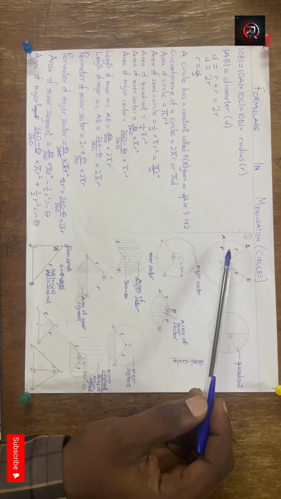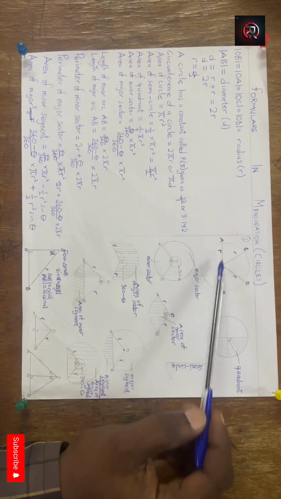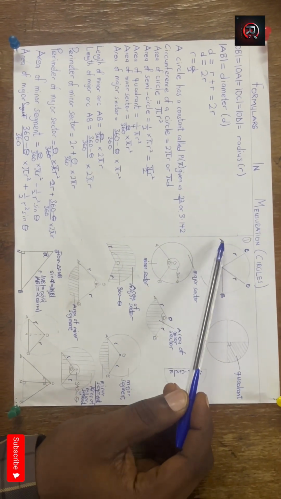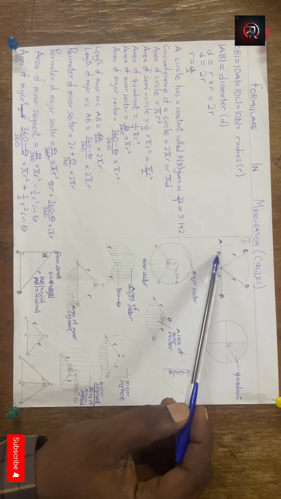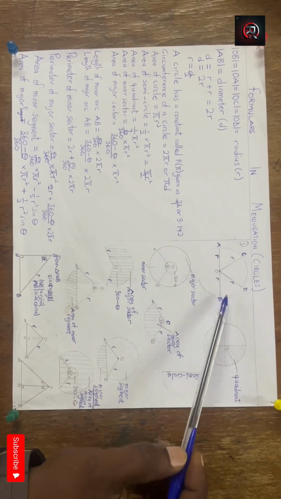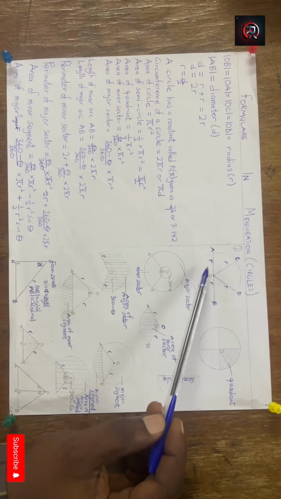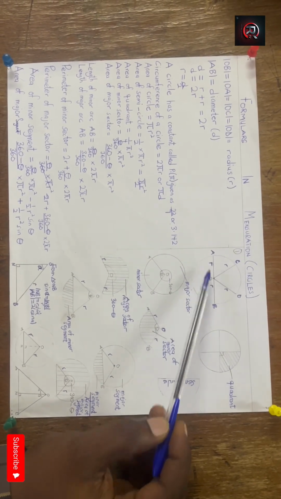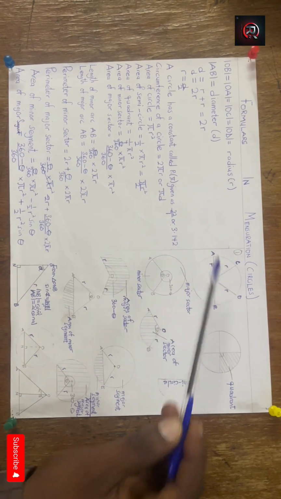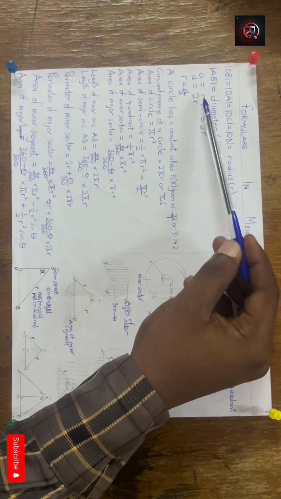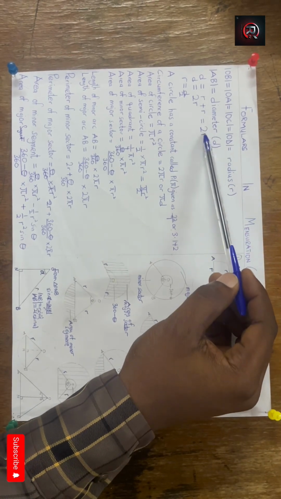All right, there is a relationship between the diameter of a circle and the radius. As we can see, from A to O is r, O to B is r, and this is a straight line. So we can say r plus r should be equal to AB. So we can say our diameter is equal to r plus r, which will give us 2r.